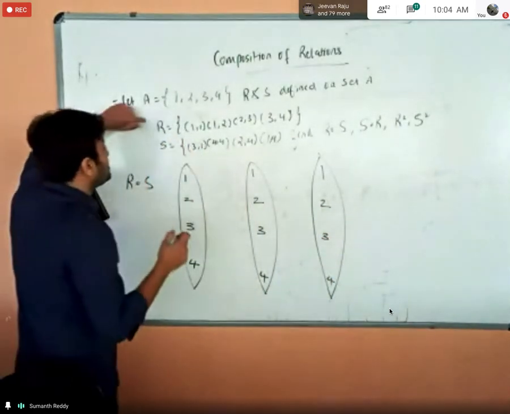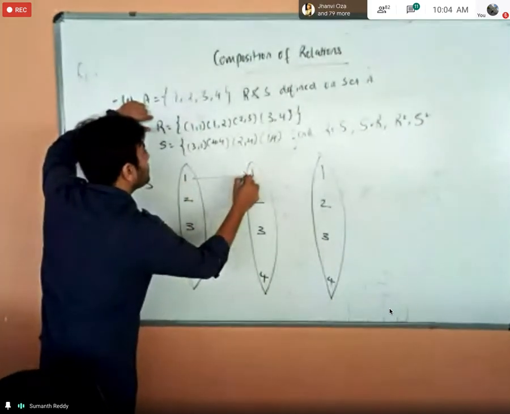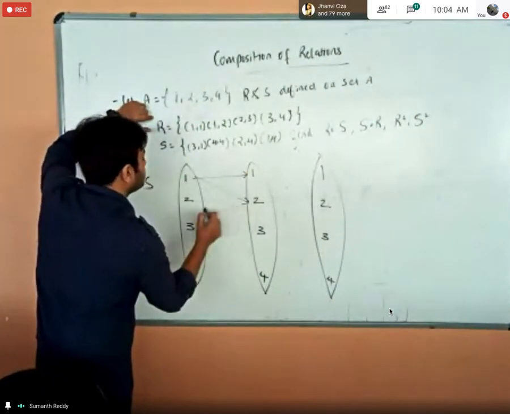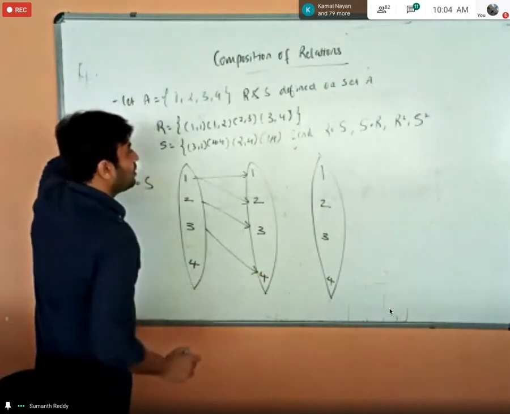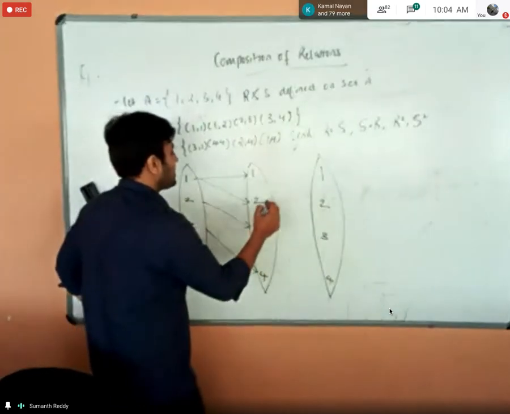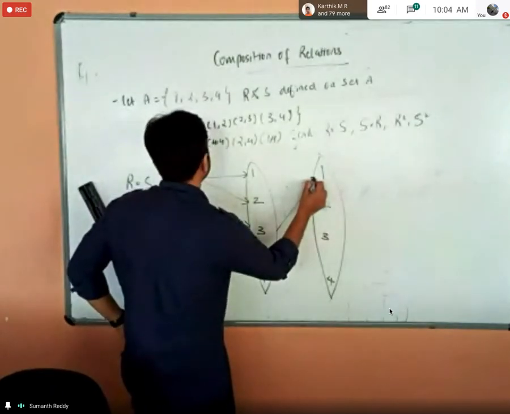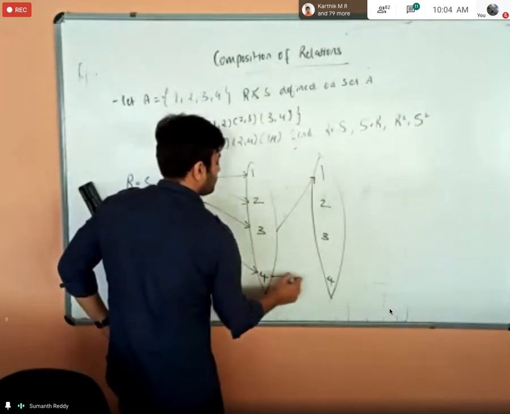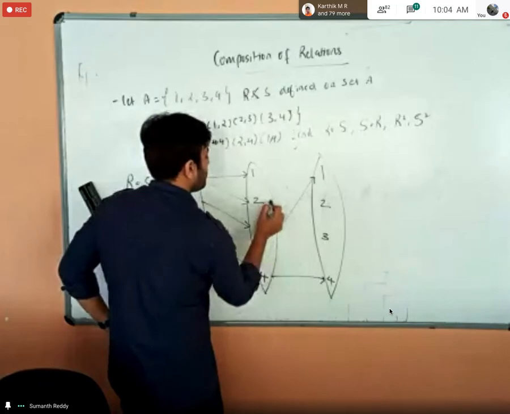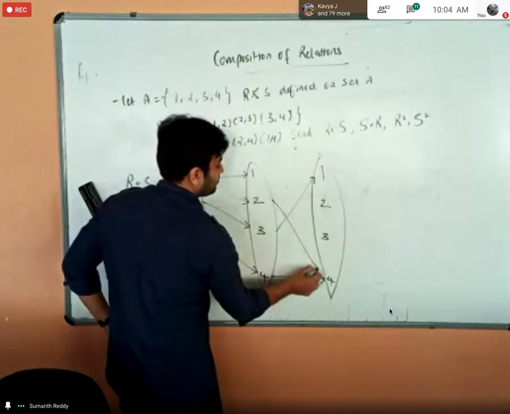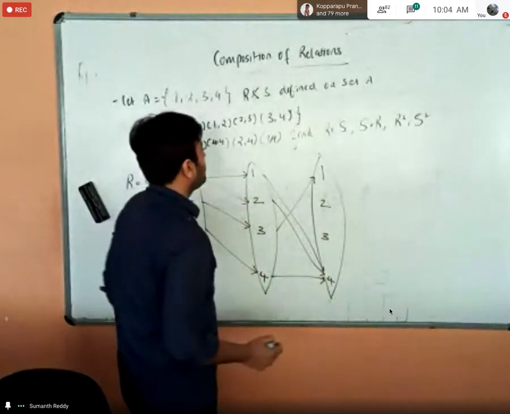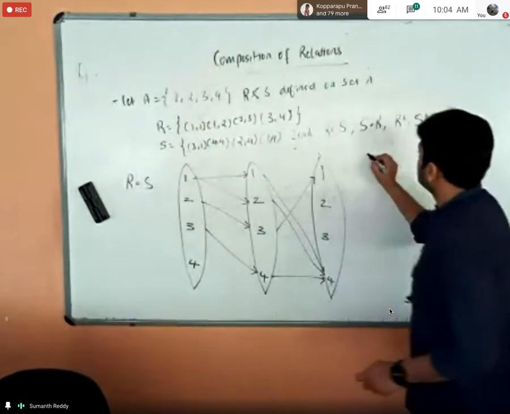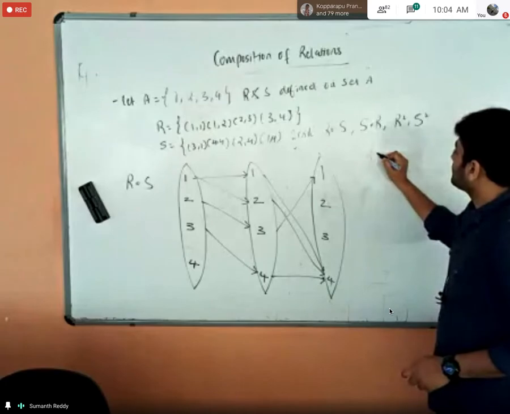Okay, so R is a relation which has the ordered pairs 1, 1, 1, 2, 2, 3, 3, 4. And relation S has the elements 3, 1, 4, 4, 2, 4, and 1, 4.